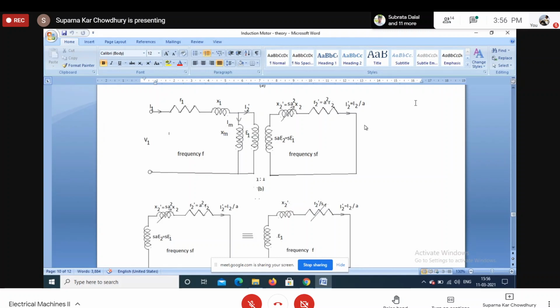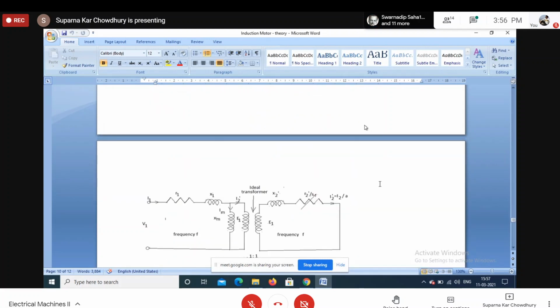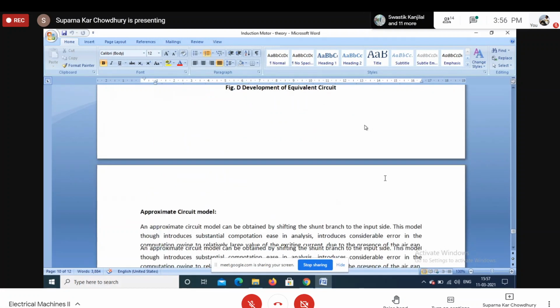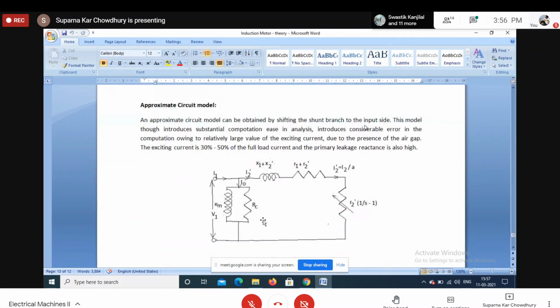So there is nothing wrong in replacing this circuit by this one. Basically quantities will reflect at supply frequency. So if we shift the shunt branch to the input side, we will get this one. This is the approximate equivalent circuit.